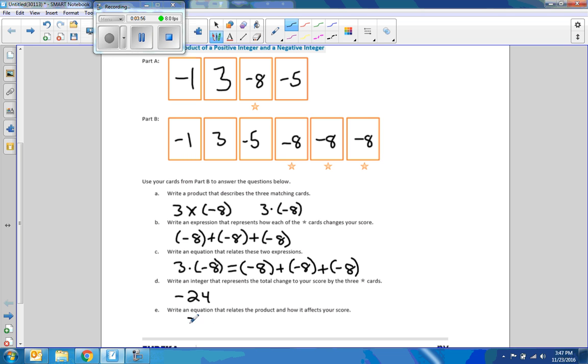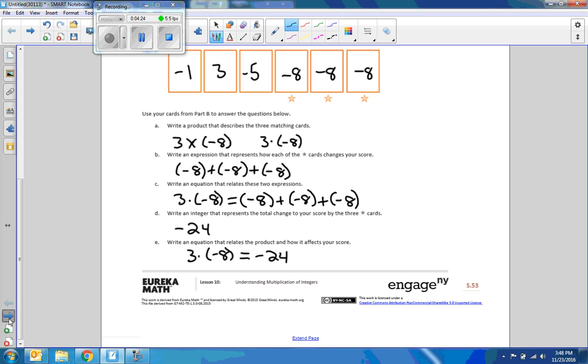So I say 3 times -8 equals -24. Okay? So this is just explaining that multiplication is simply adding a number, the number of times we're multiplying by. So 3 times -8 means -8 added 3 times.